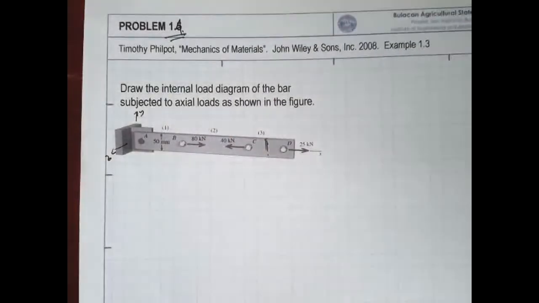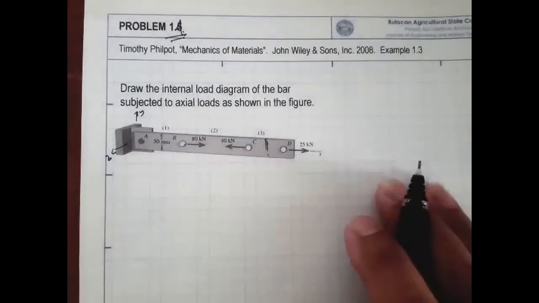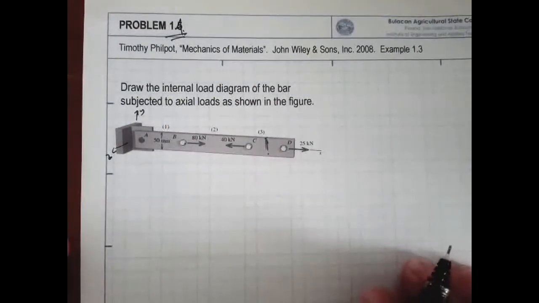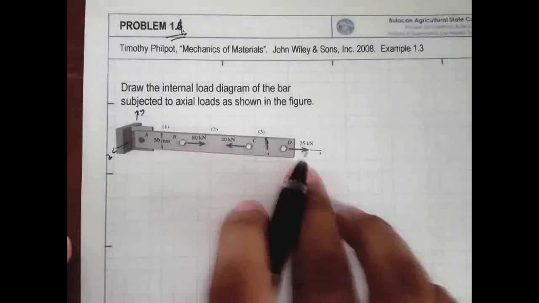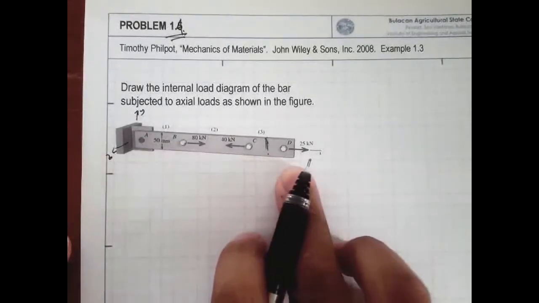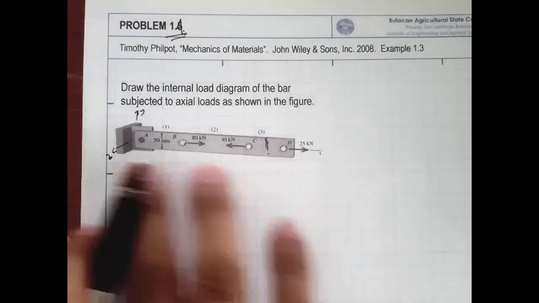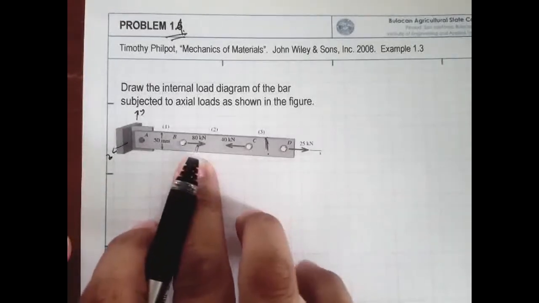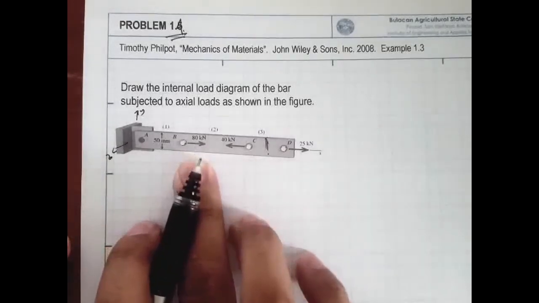So therefore, our internal load would be axial. Now the question is, how do we find the magnitude of the axial force, because we have this bar loaded at various points?